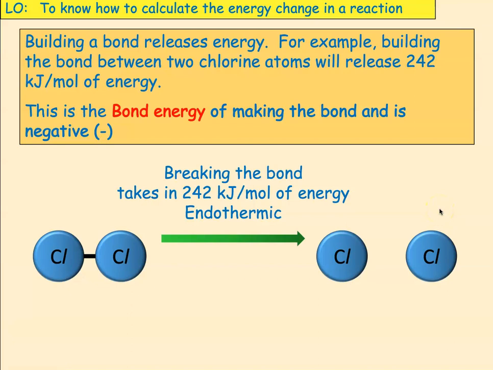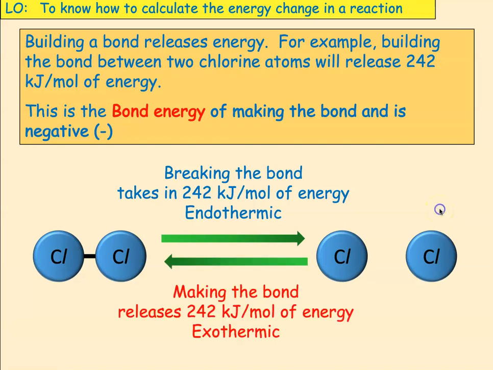But instead of having to put it in, we get it back out again, and it is exothermic. So you notice they're both the same number. But if we're breaking the bond, it's endothermic. If we're making it up, it is exothermic.